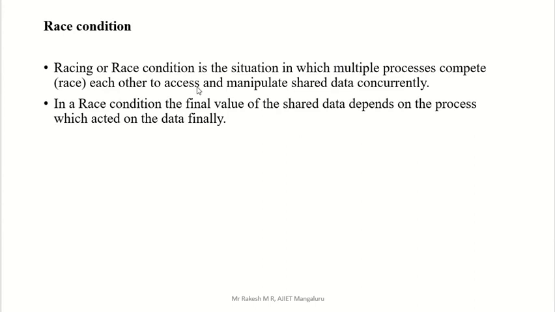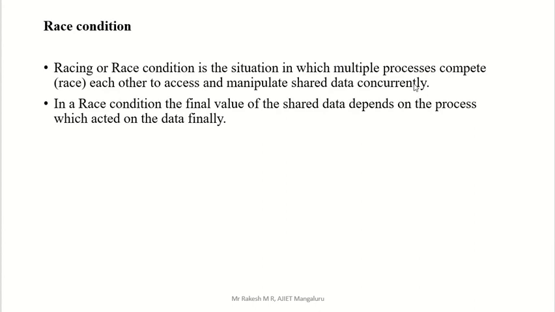If any two processes are competing with each other for one resource, that is called a race. There is a race for that one resource by those two processes. So what is meant by racing, or a race condition? It is a situation in which multiple processes compete with each other to access and manipulate shared data concurrently.